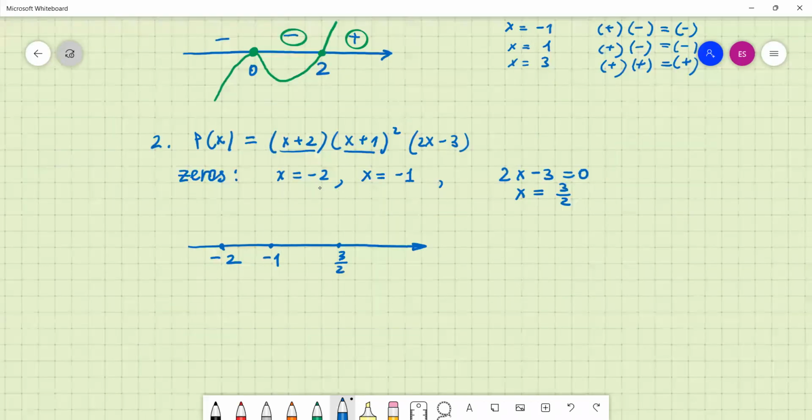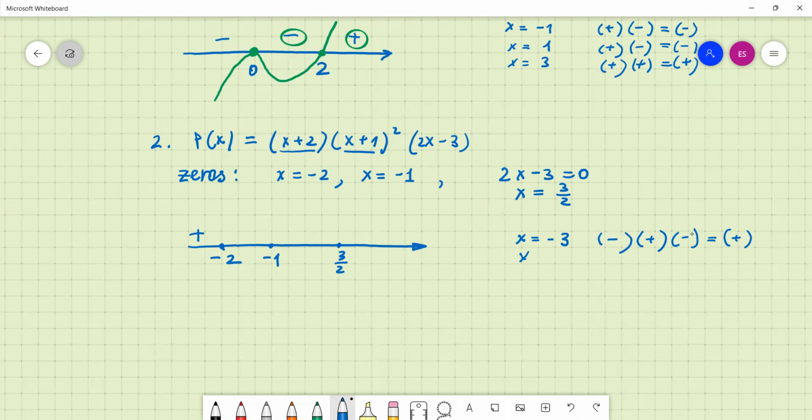Okay, so now we have 4 intervals to check, and I'm going to start with x equals -3 to check the interval from -infinity to -2. So -3 here will give me minus, right? -3 plus 2 is -1. -3 here will give me plus because it's squared, and -3 here is going to give me -2. Sorry, we have 2 minuses, 1 plus, total amount is plus.